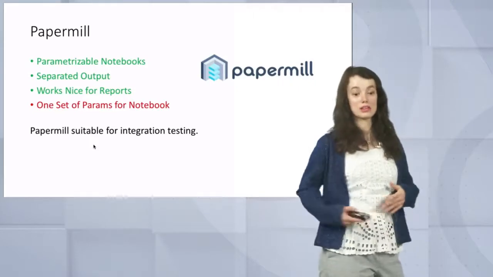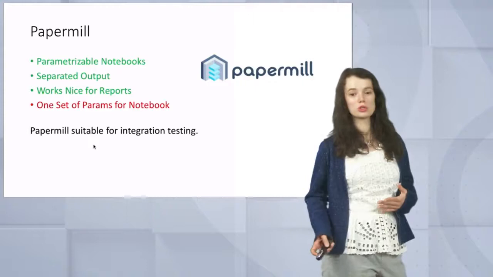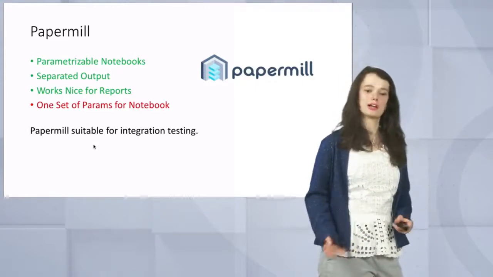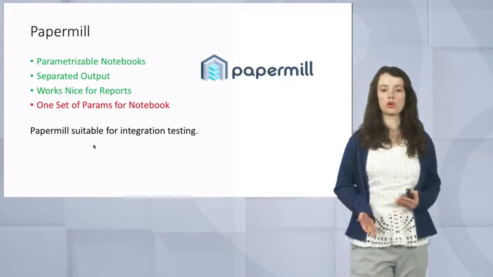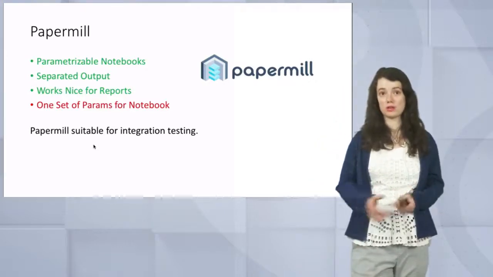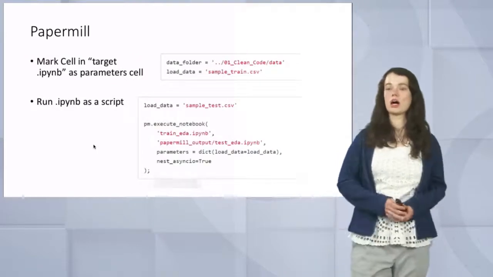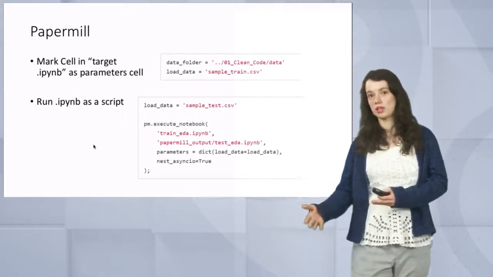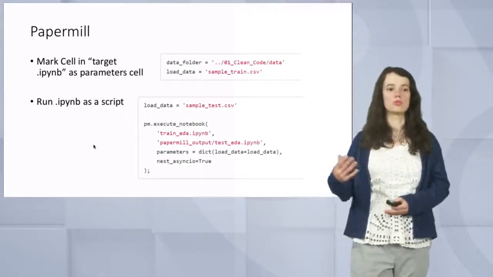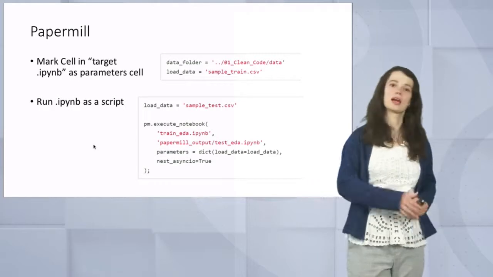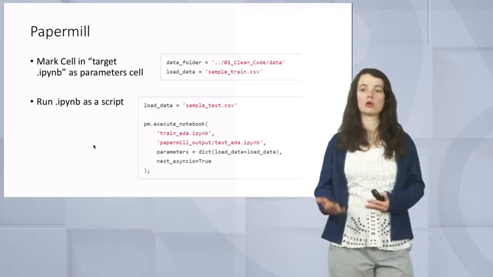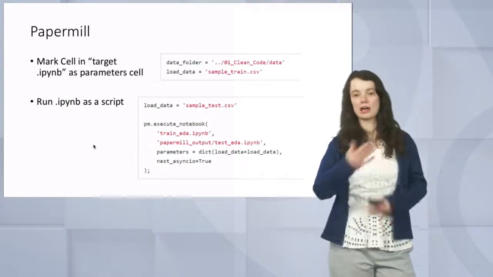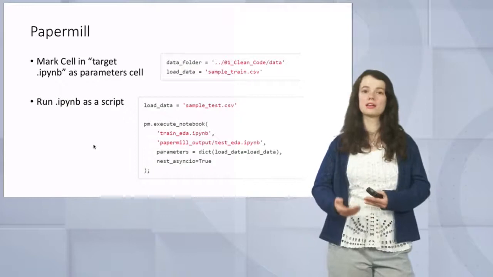And the last useful thing for Jupyter notebooks which I want to share with you is Papermill. Papermill helps you to use your notebooks as functions. For example, you mark one cell of your notebook as a parameter cell. Then in another notebook, you can change those parameters and rerun the whole notebook again.